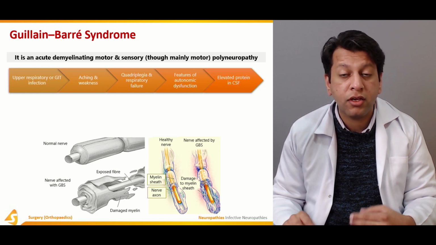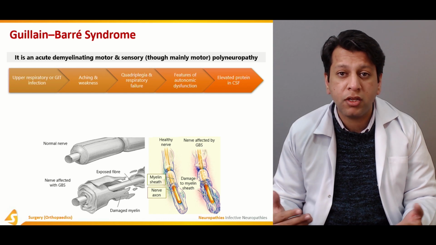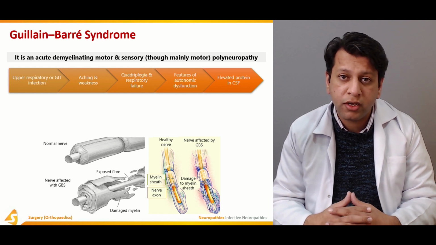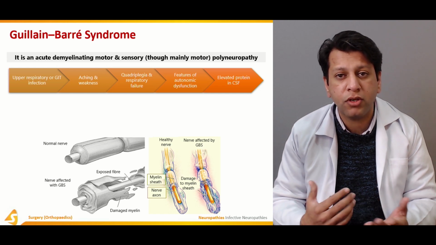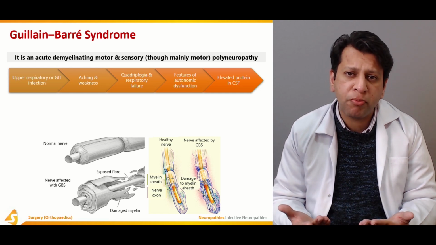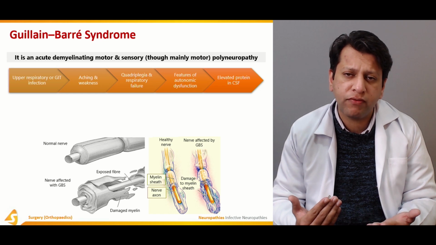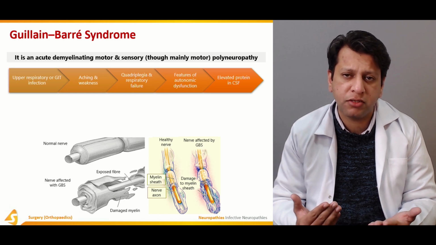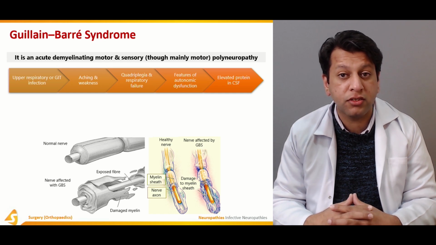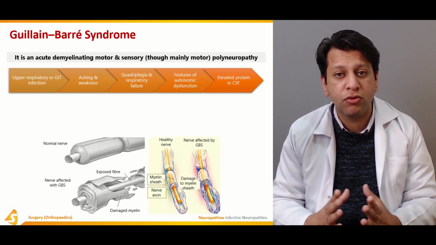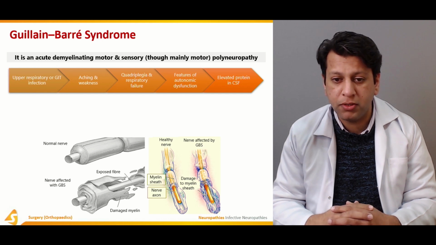GBS can be classically diagnosed by abnormal protein values in the CSF. Although a classical history of infection is present, to document that this is GBS, CSF analysis is usually done to confirm the diagnosis.